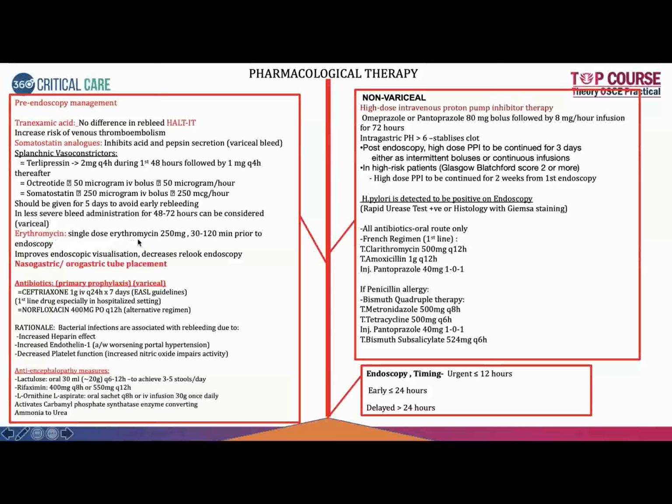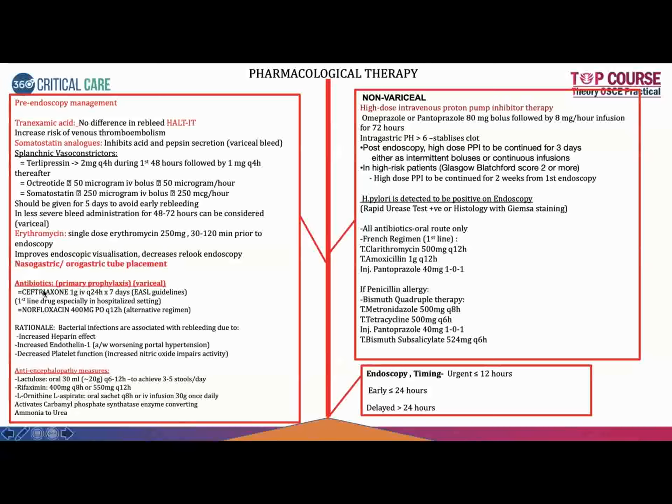Yes, a single dose of erythromycin, 250 milligram, 30 to 120 minutes prior to endoscopy improves the endoscopic visualization because it improves the motility and clearance, and it decreases the need for relook endoscopy. So nasogastric and orogastric tube can be placed and then continuous Ryle's tube aspiration can be maintained.